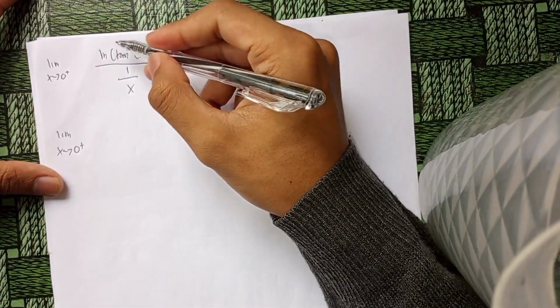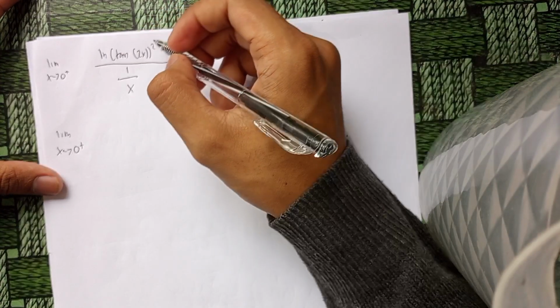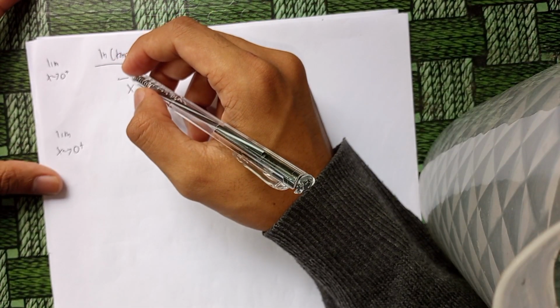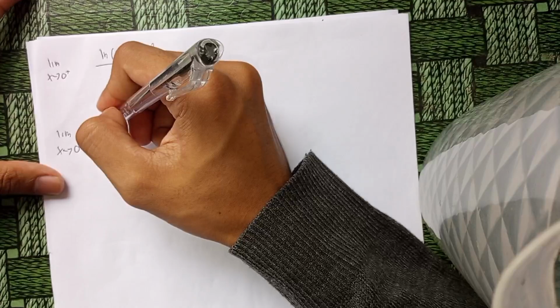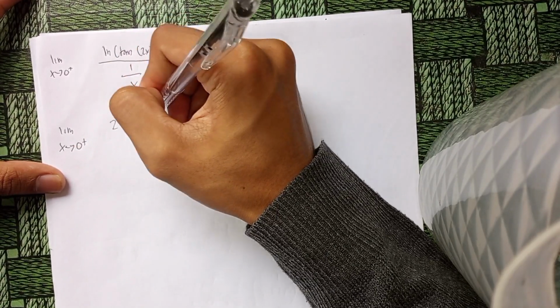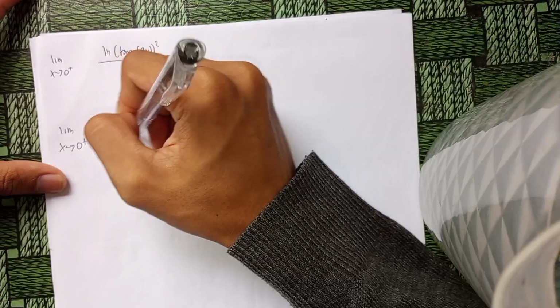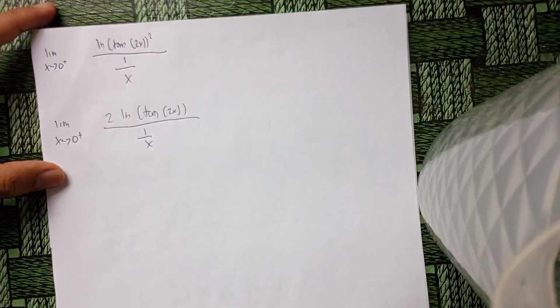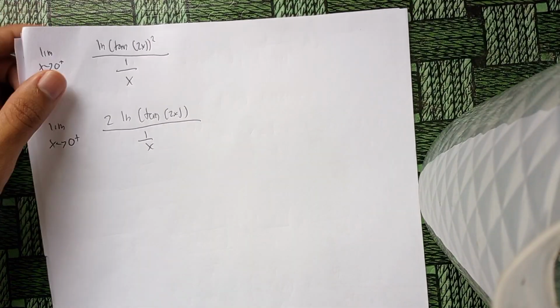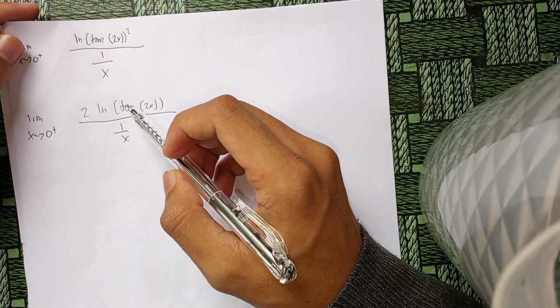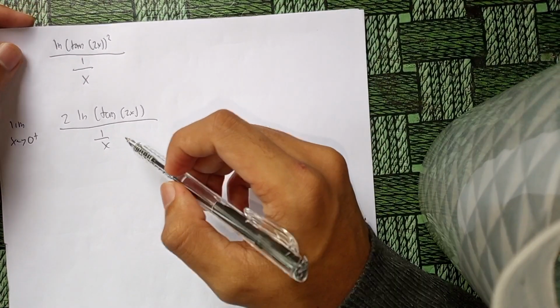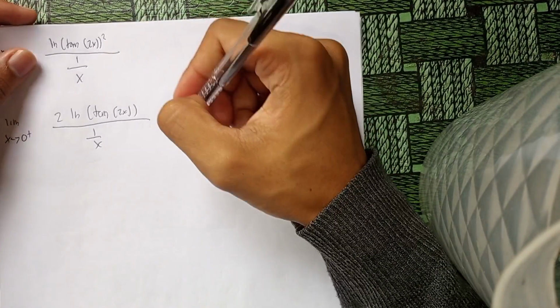In simplifying this expression we can use the logarithmic, so this will become 2 ln tan 2x over 1 over x.